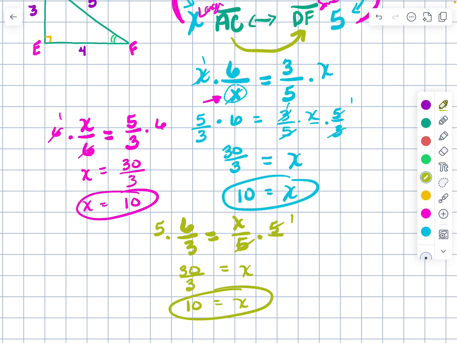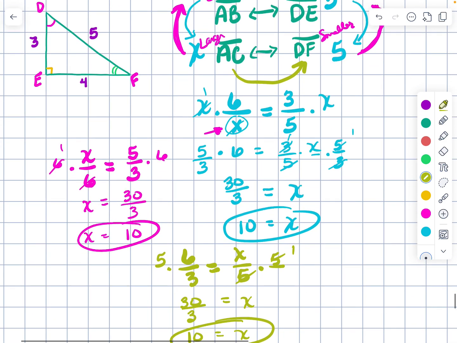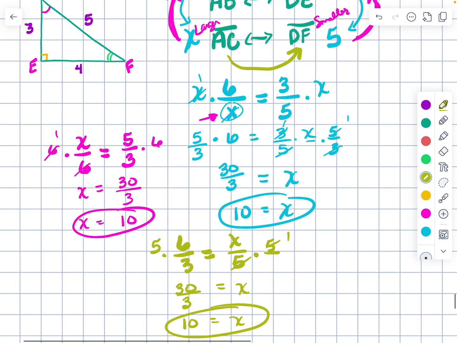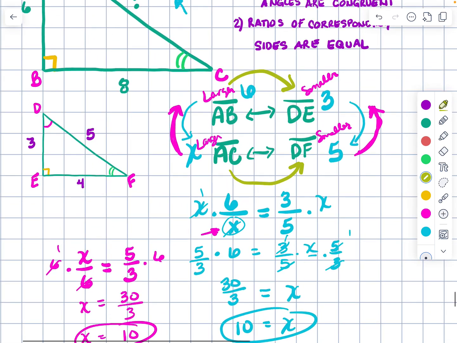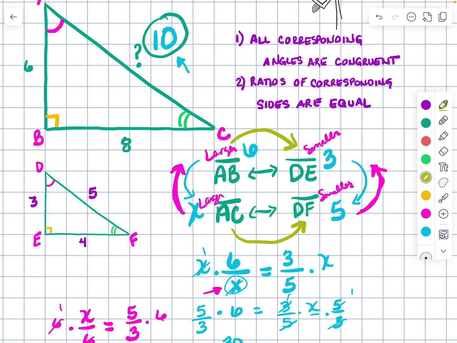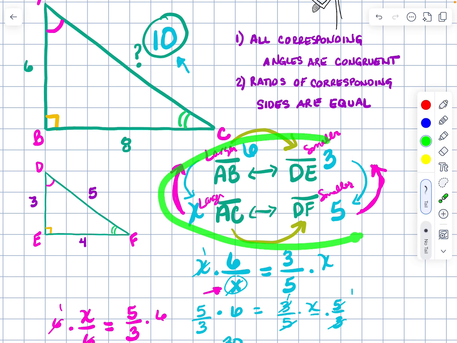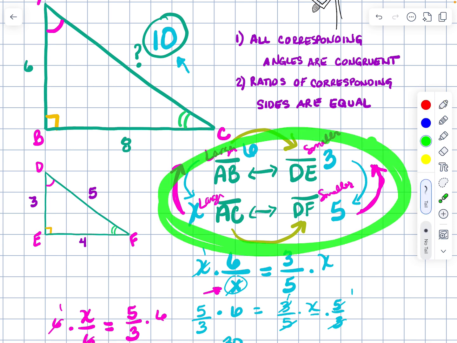And why am I doing this? I'm doing it so that you know maybe your fellow classmate sees it one way and you see it a different way. It doesn't matter as long as you're really careful with how you set this whole thing up. Okay?